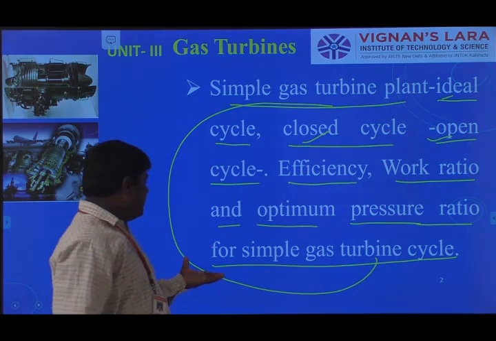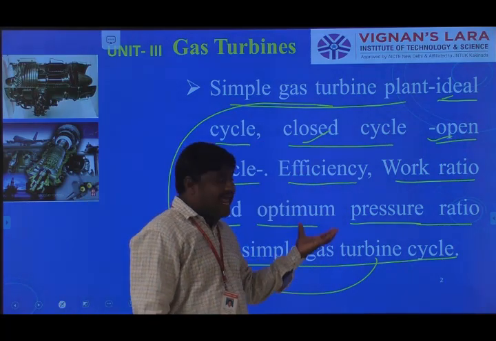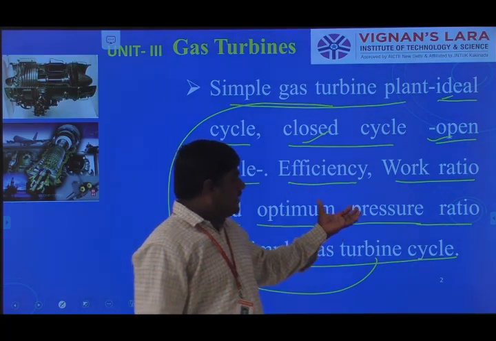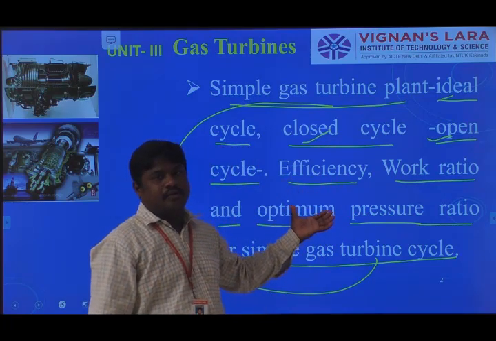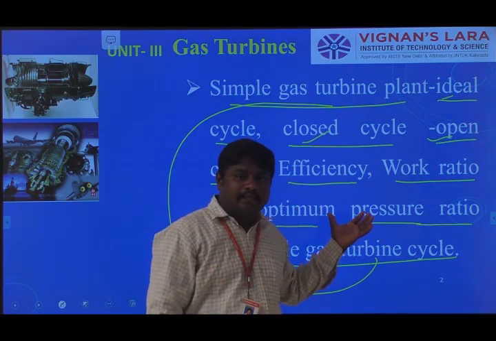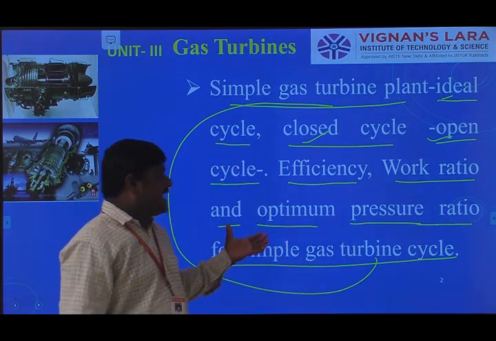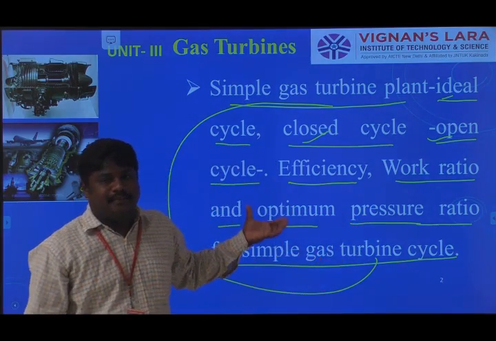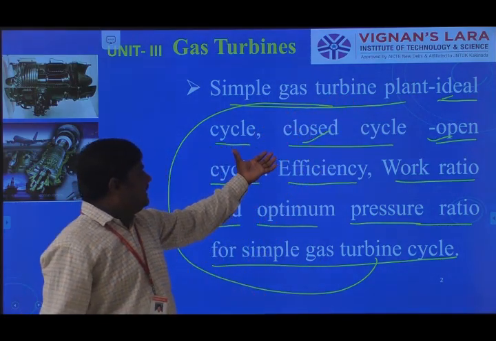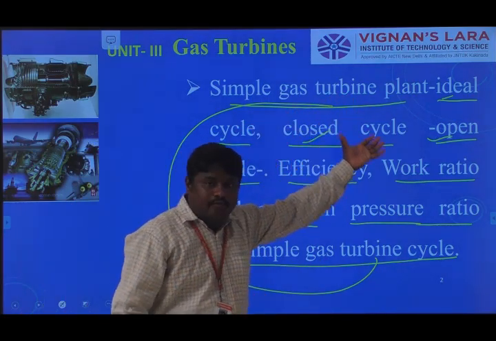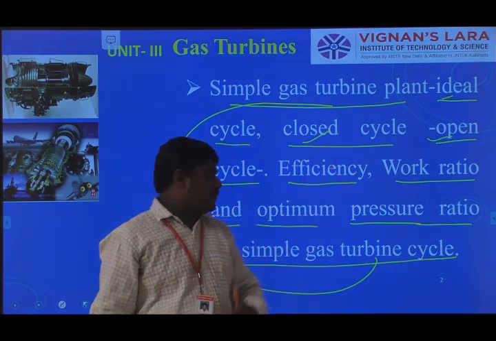We calculate the work ratio first and after that the optimum pressure ratio, using the simple gas turbine cycles: ideal cycle, closed cycle and open cycle. Is it clear?